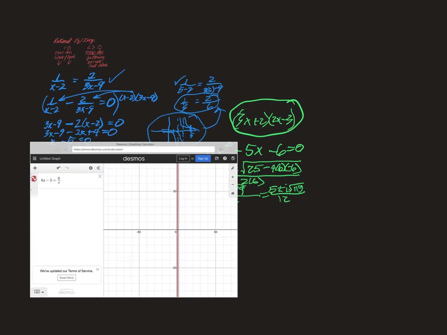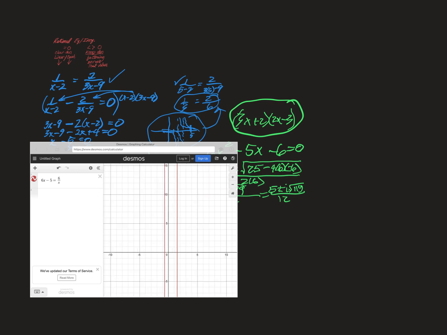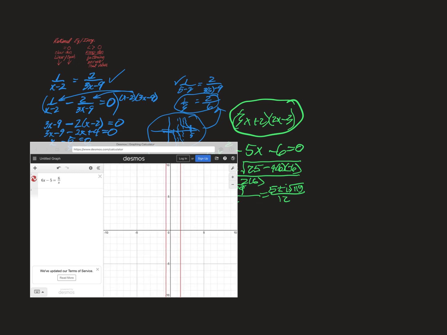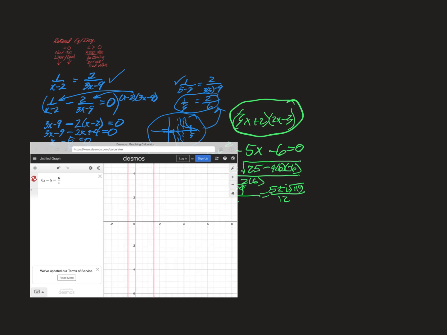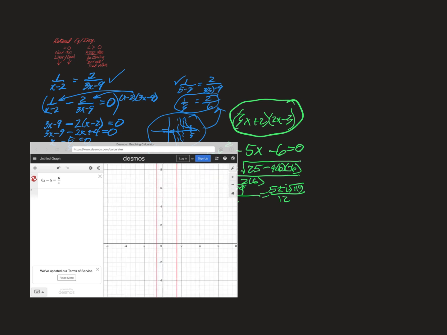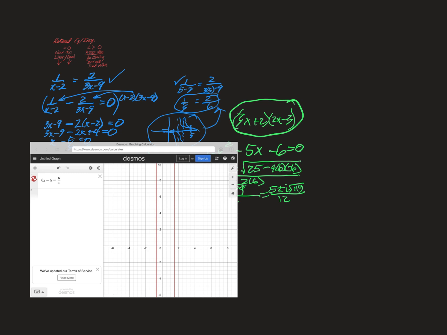So now I'm looking at the graph, so I'm going to squeeze it a little. Okay, the graph is really close together, so I need to change my window a little bit so I can look at what's happening. And something's not right here. Let me try this.